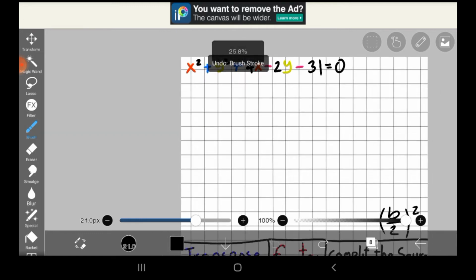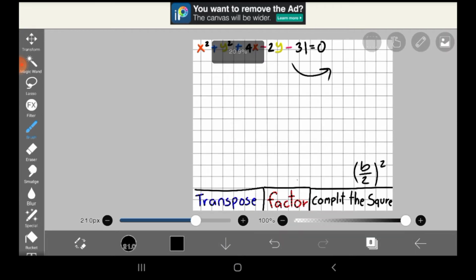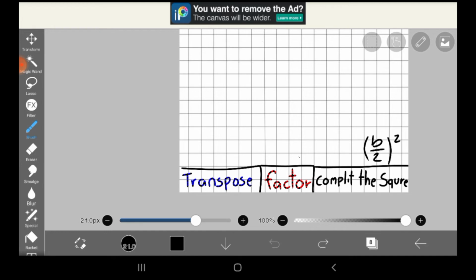The lonely term and constant will be transposed to the other side of the equal sign. And factoring, if you don't know what factoring is, it makes the number look smaller but it will not change. I'll give you an example.